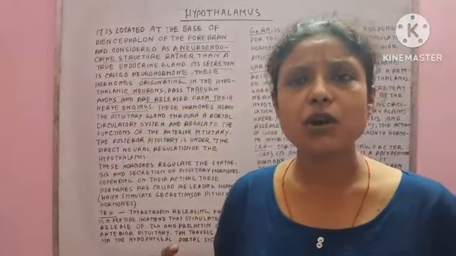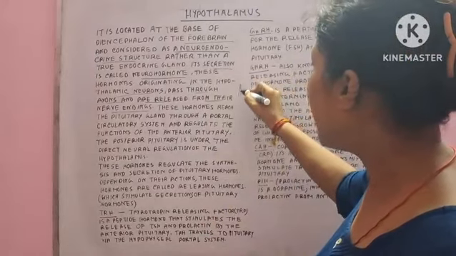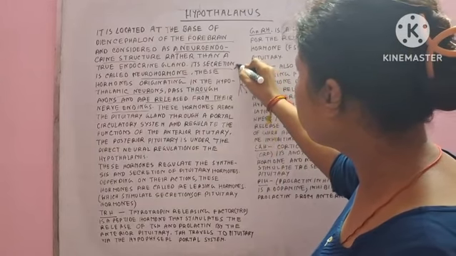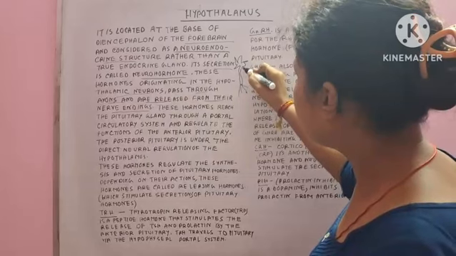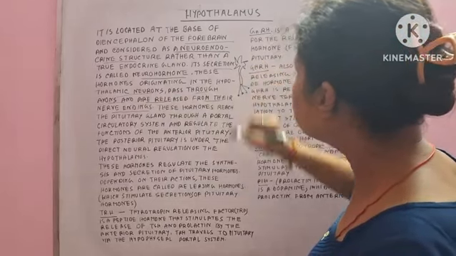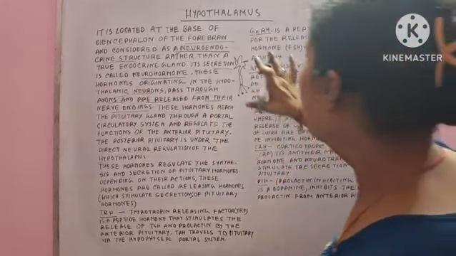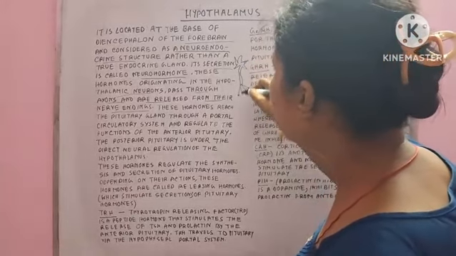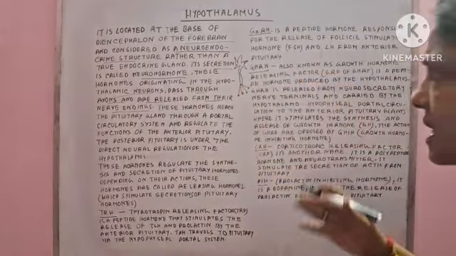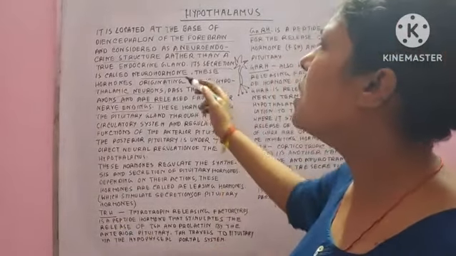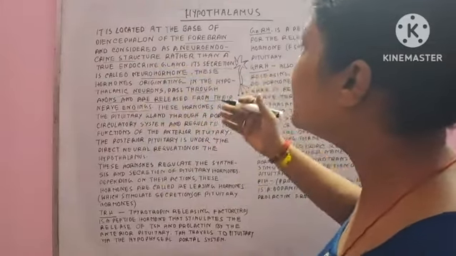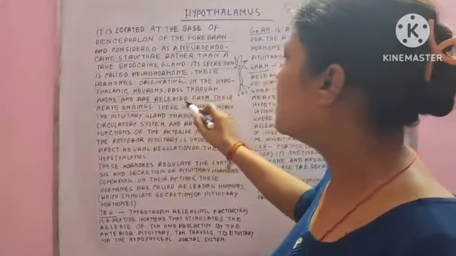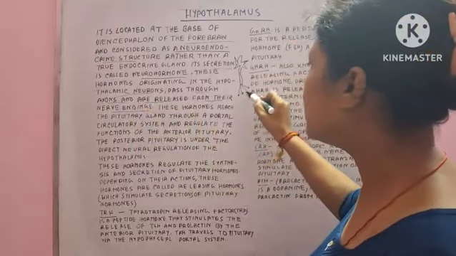If you follow the structure of the neuron, this is the axon, these are the dendrites, and the nerve endings are present here. So the secretions known as neurohormones released from the hypothalamus pass through the axon and are released from their nerve endings.